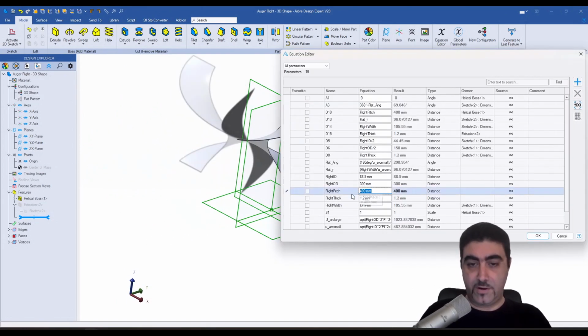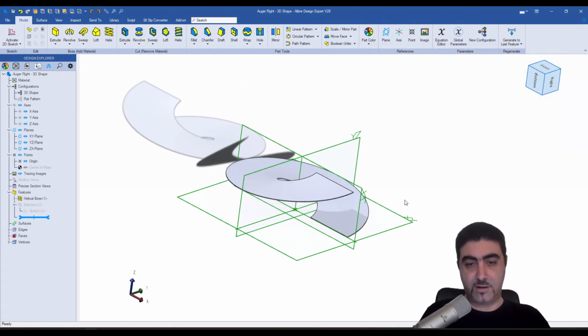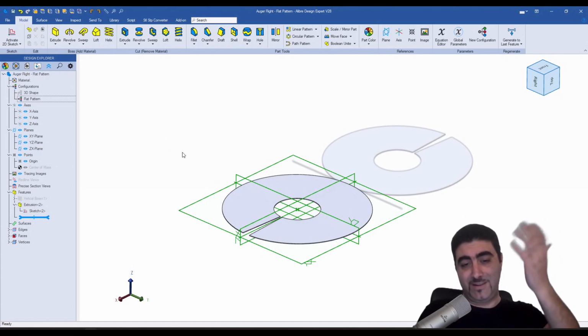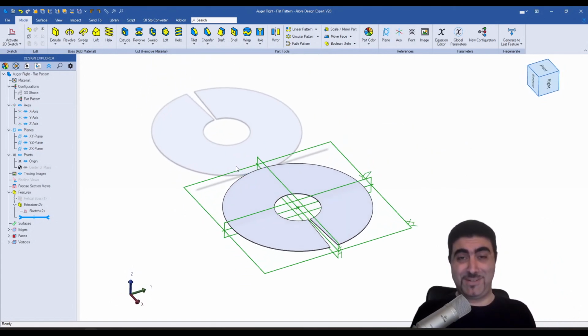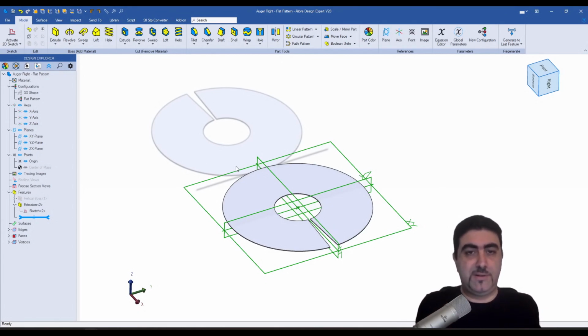But for pitch values that are reasonable, and you can input what's reasonable for you there, this will work. This will give you a flight that will work within a few millimeters, if not with accuracy less than 1 millimeter.